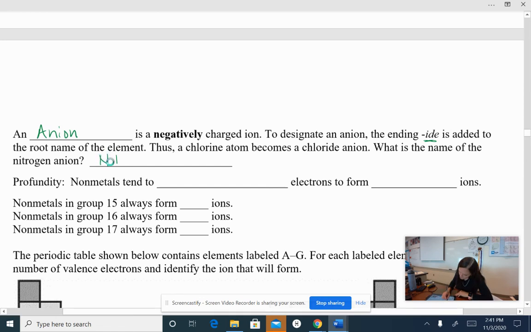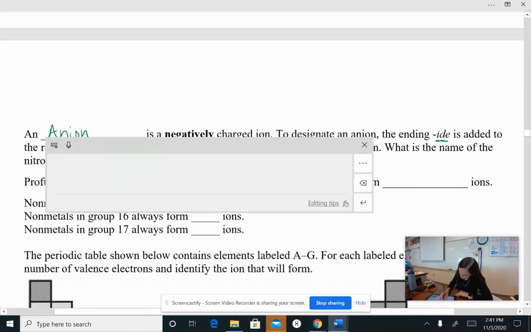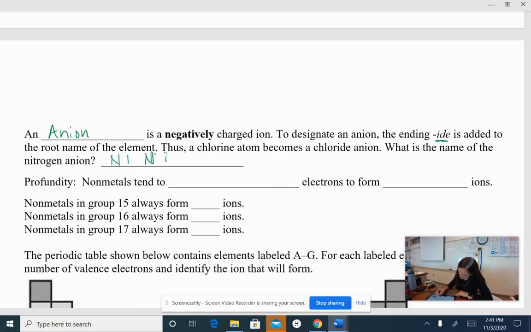It's frustrating. Nitride. If I can write this, it would be awesome.